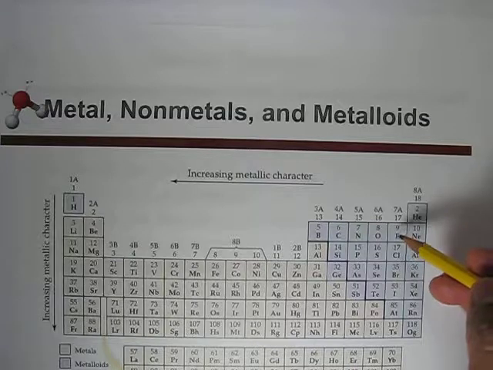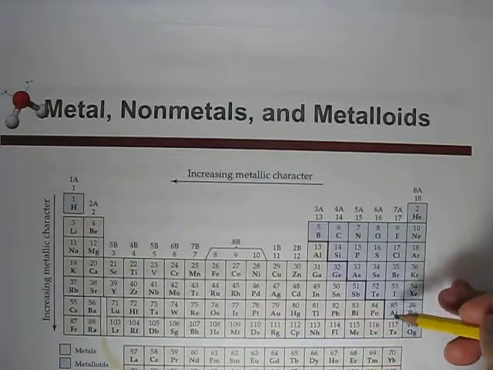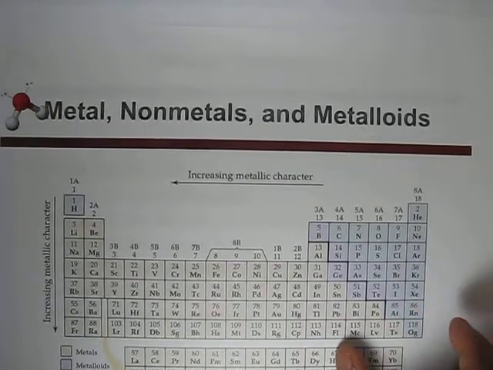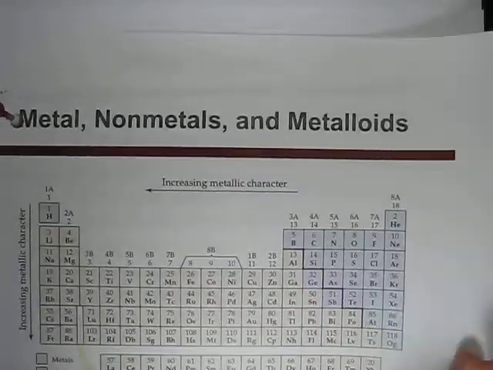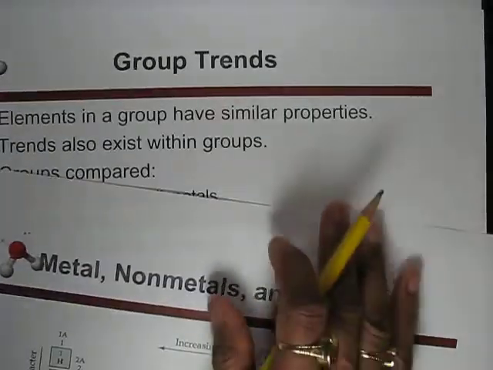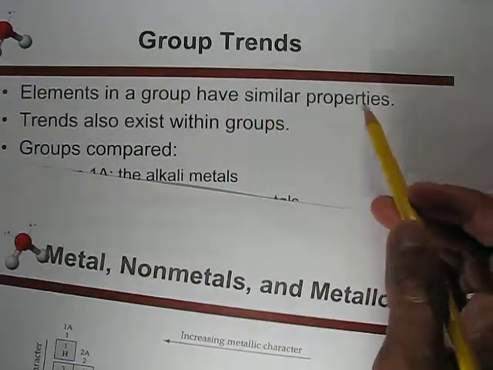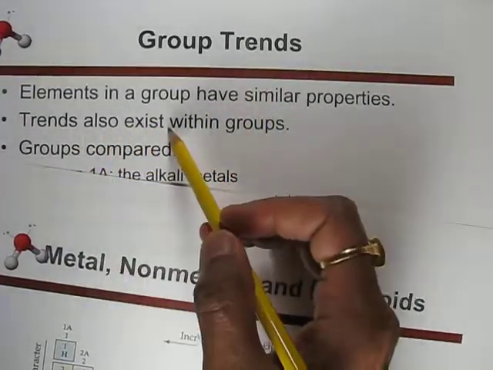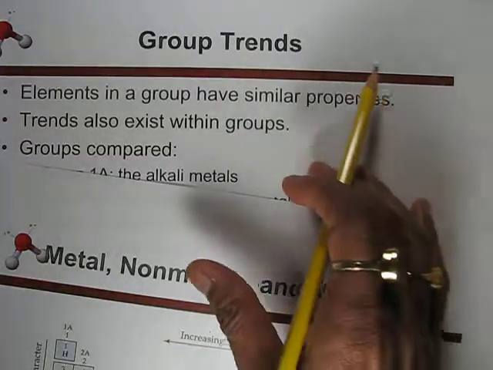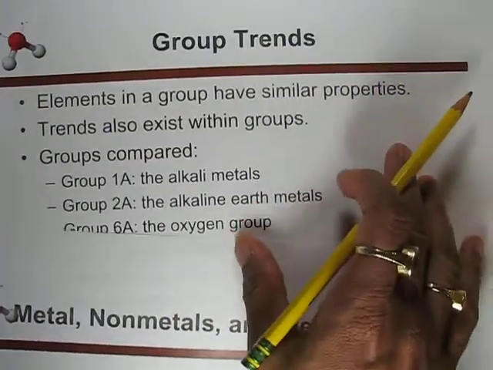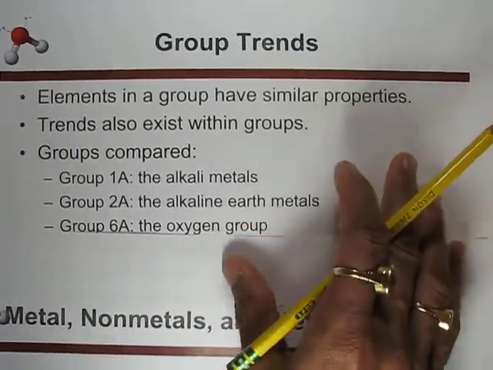Likewise, the halogens: fluorine, chlorine, bromine, iodine, astatine all have similar properties. And a trend also exists within the group.